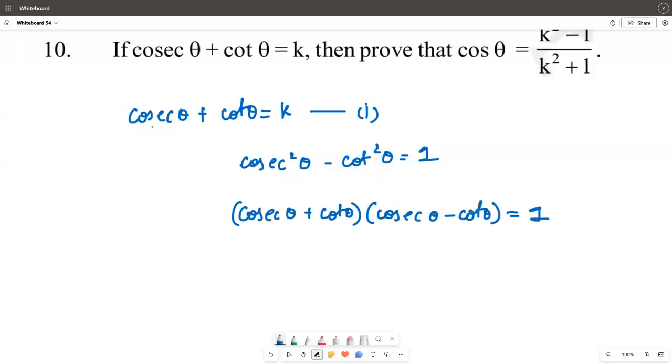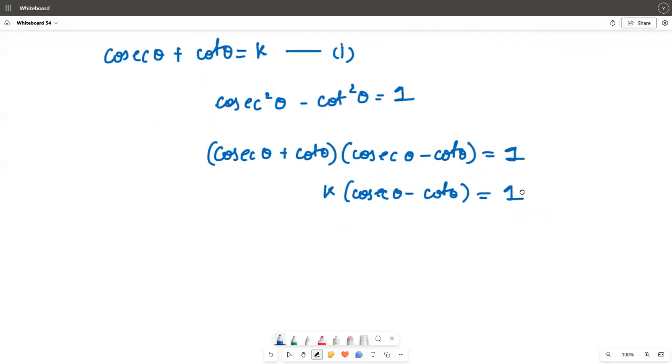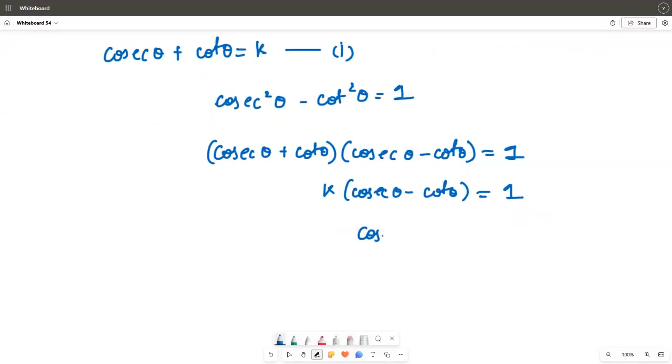We are given the value of cosecant theta plus cot theta is equal to k. So k into cosec theta minus cot theta is equal to 1. If I bring the k to the right hand side, I get the value of cosecant theta minus cot theta, which is equal to 1 by k.